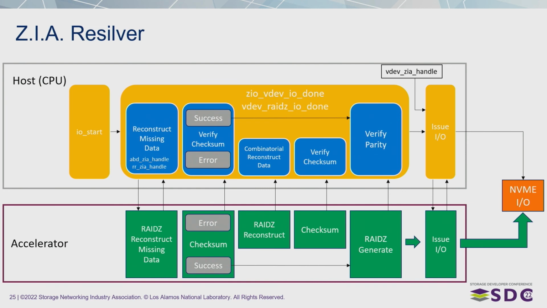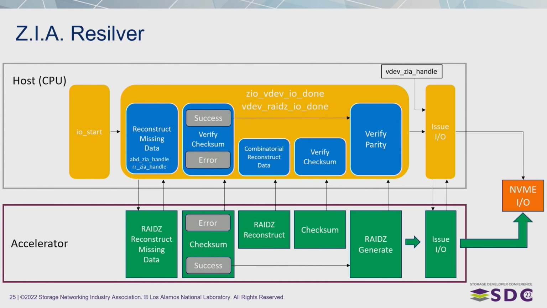Just as before with the ZFS Write Pipeline, we mirrored the operations in ZIA. When data comes into the I/O done stage, it is first offloaded and then has missing data reconstructed, checksummed, and parity columns verified. Note that data is only ever offloaded one time at the very beginning, despite the number of sub-stages, or sub-functions, in this stage.